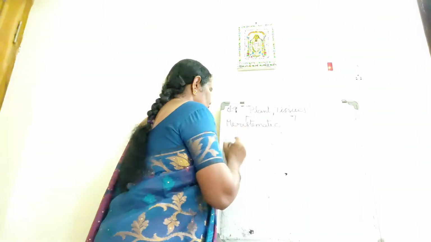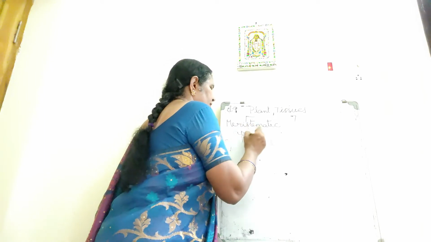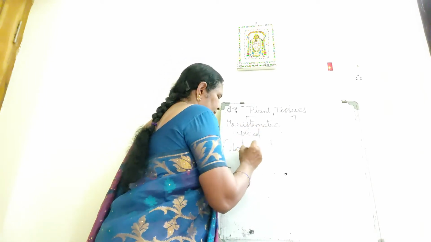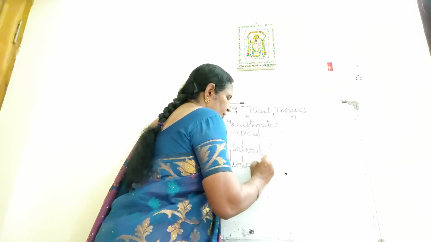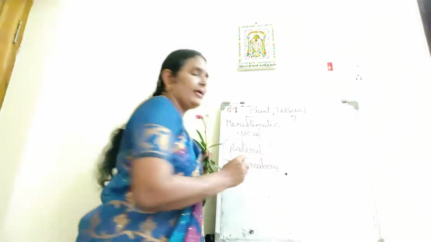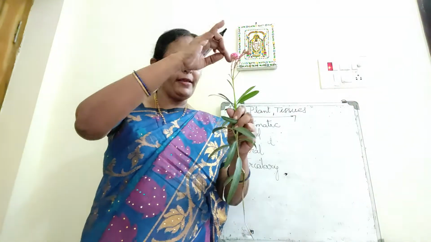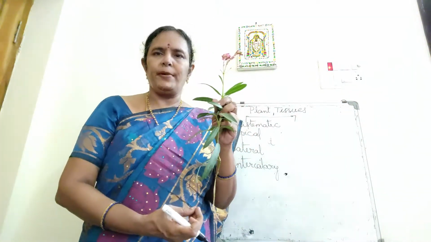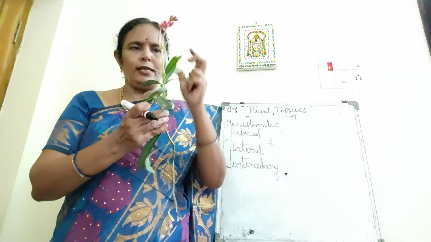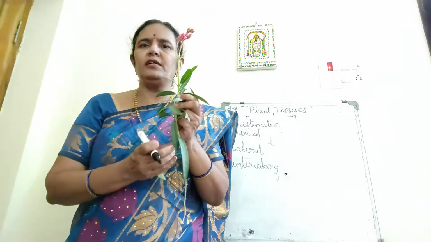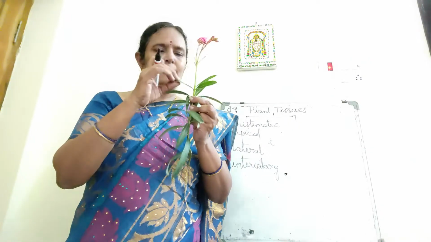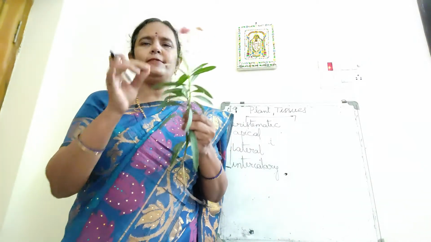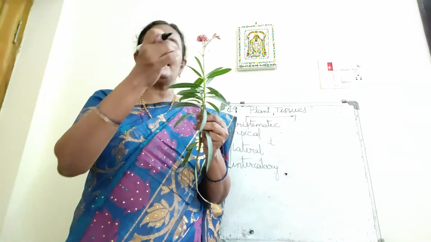So, meristematic tissue is of three types: apical meristems, lateral meristems, and intercalary meristems. Apical meristems are present at the stem tip and also at the root tip. Lateral meristems are present on the side walls of the stems to promote the growth in width of the stem. And intercalary meristems are present wherever the leaves, branches or flowers arise.